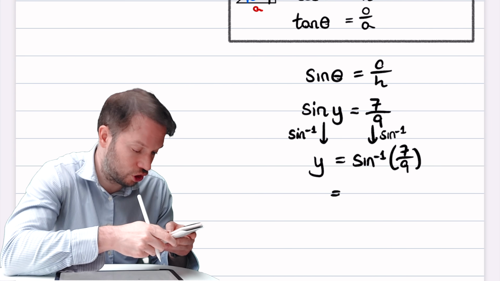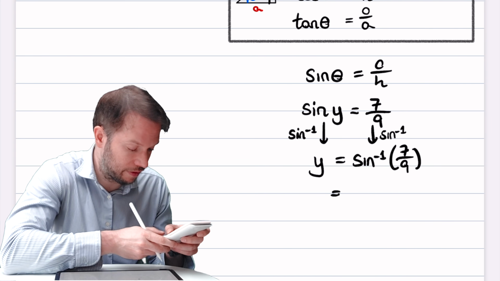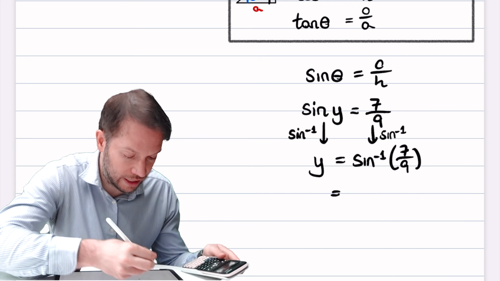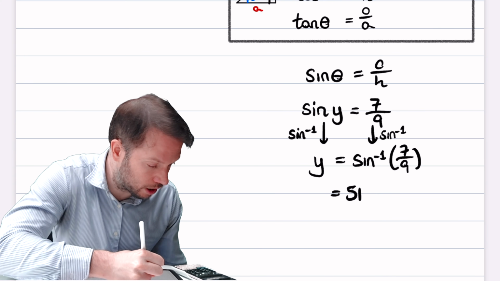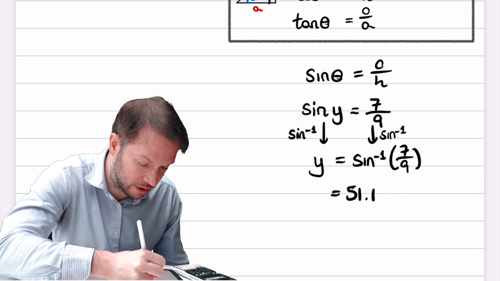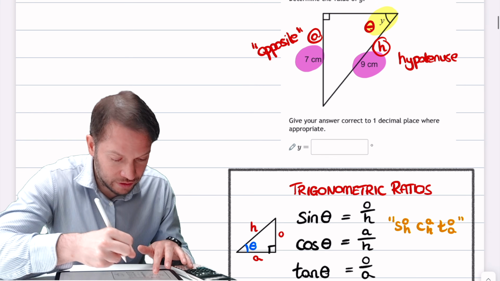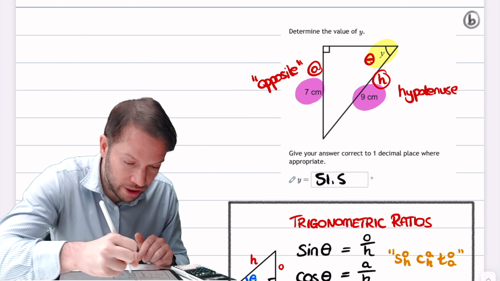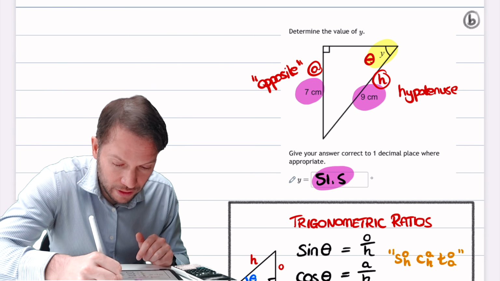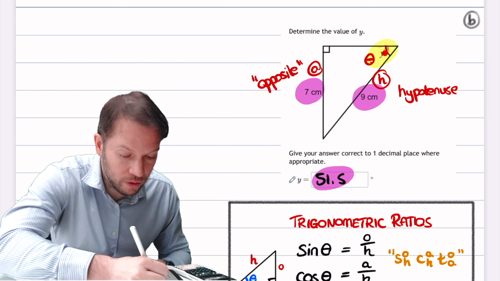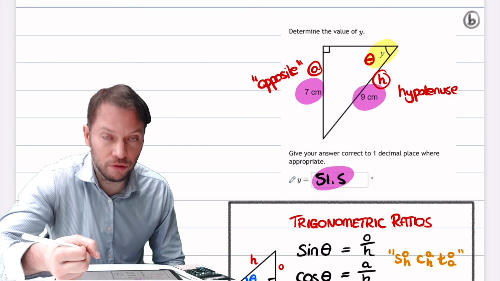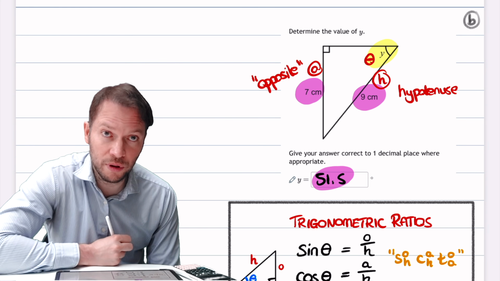So I'm going to do shift sine of 7/9, and that's going to give me 51.1 degrees. And does that look right? 51.1 degrees, because it's this angle here. Well, yeah, that looks about vaguely right. I know it's not drawn accurately, but that does seem like a sensible answer. And we're done.